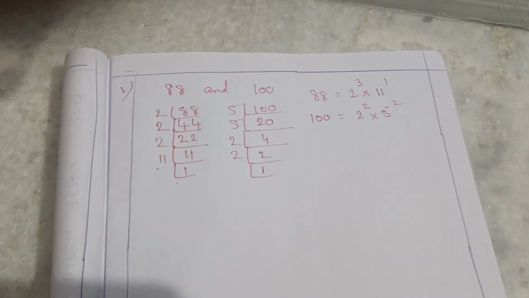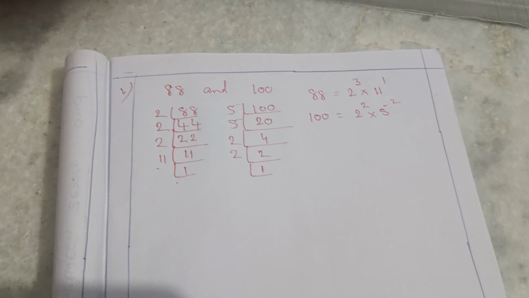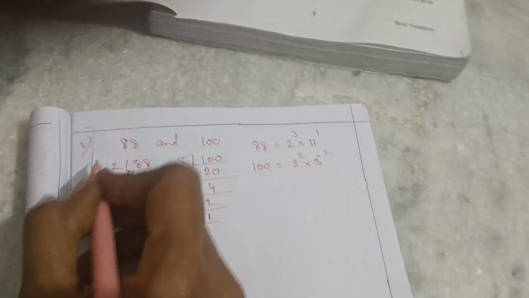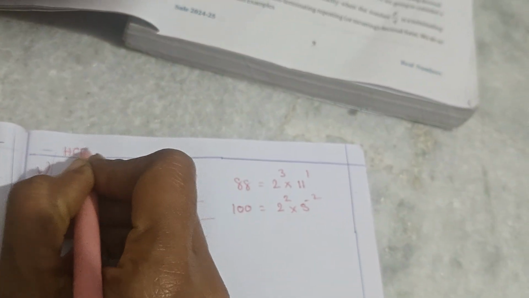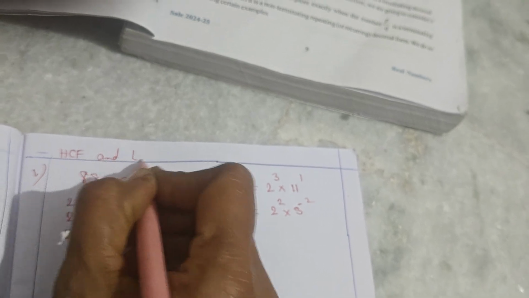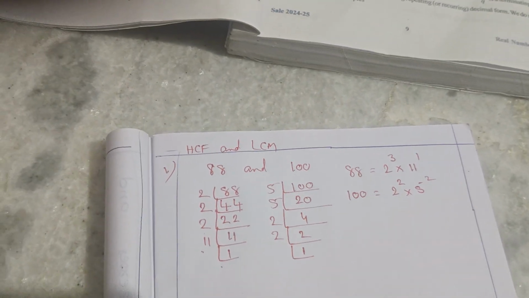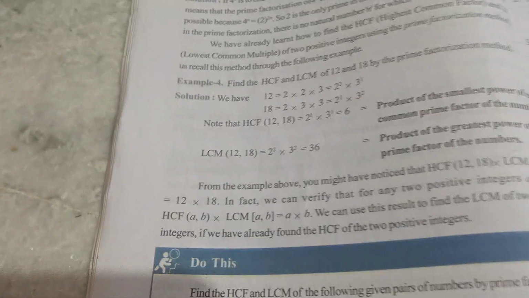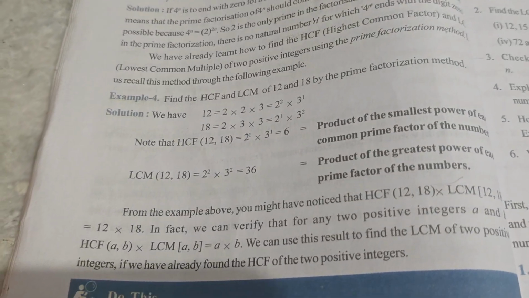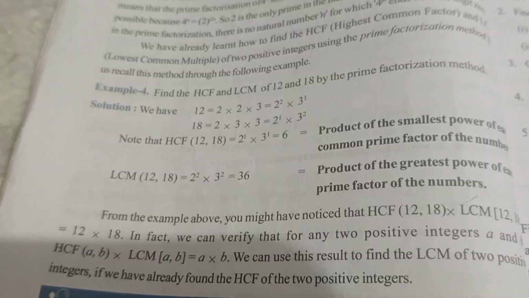Now let's go to the definition of HCF. How to find the HCF? Here we are going to find HCF and LCM. What is the definition of HCF? Product of the smallest power of each common prime factor. So we have to take common prime factors.